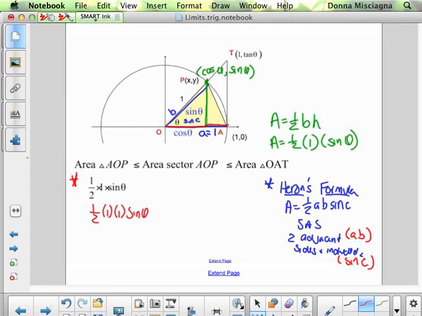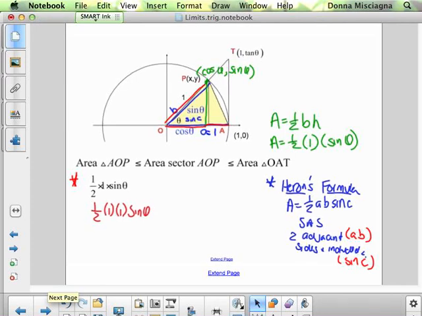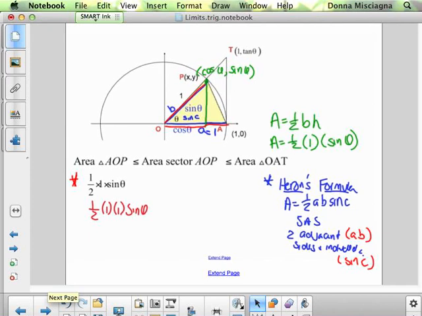So that A there is 1, and B here, so there's two sides, now red, is also 1, right? Because those are both radii of the unit circle. And then the angle is theta, so sine theta.